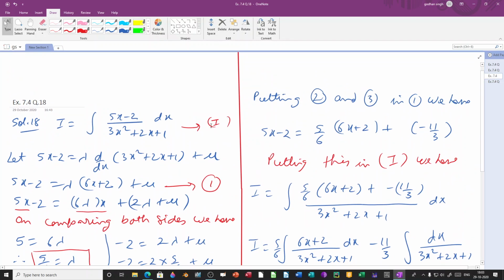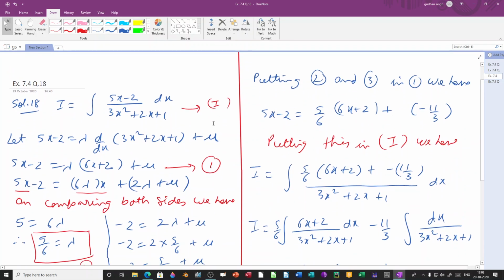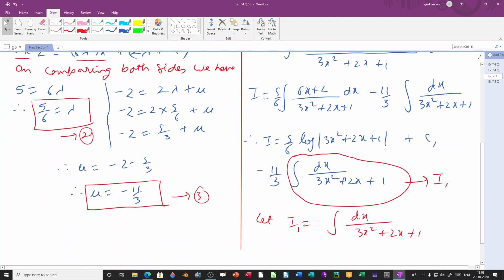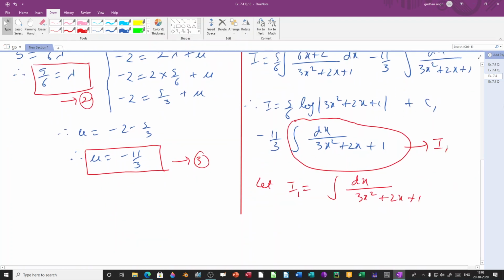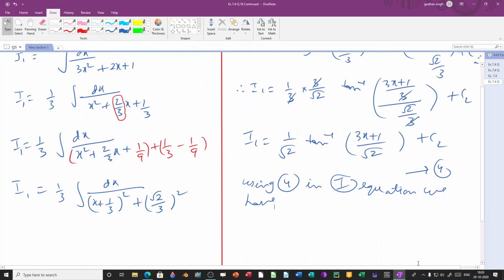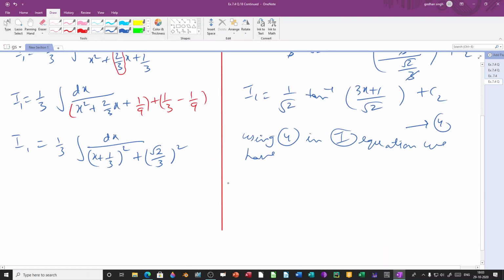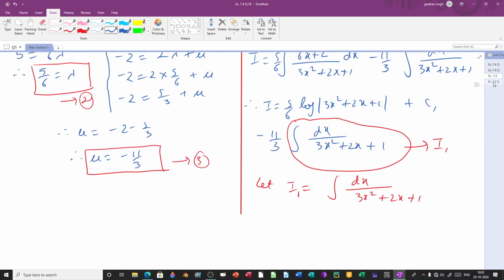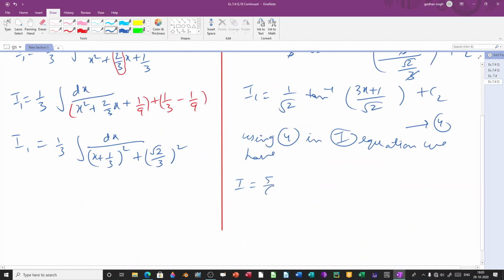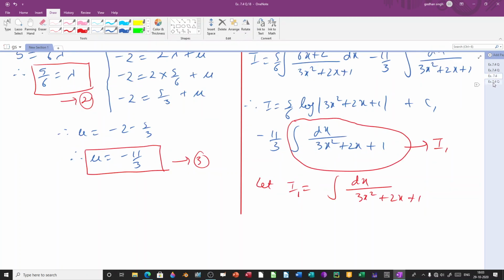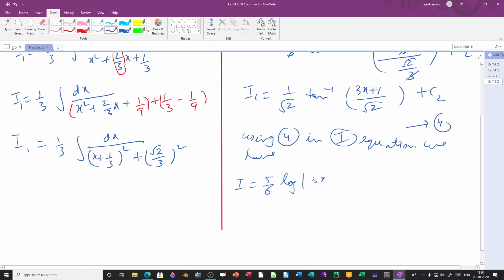Yes, this equation Roman number I is our equation number 1. Here we have put it, so we will be getting half here solved. Therefore, we have I equal to, putting the value, 5 by 6 is already there, 5 by 6 log modulus of 3x square plus 2x plus 1, and plus c1 is there.